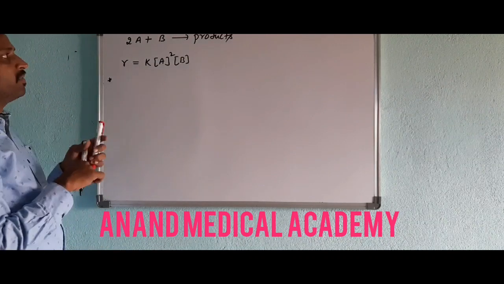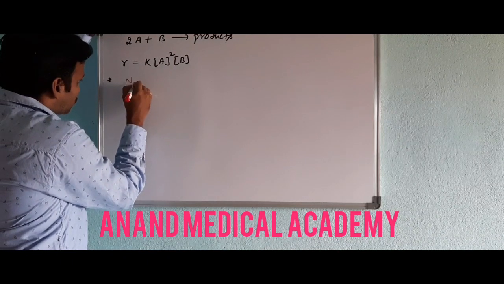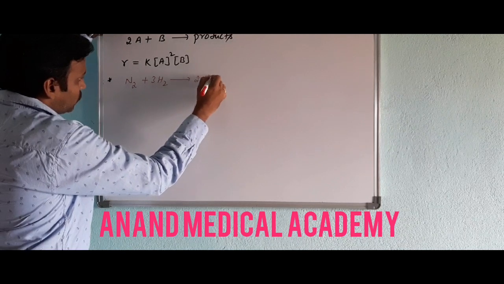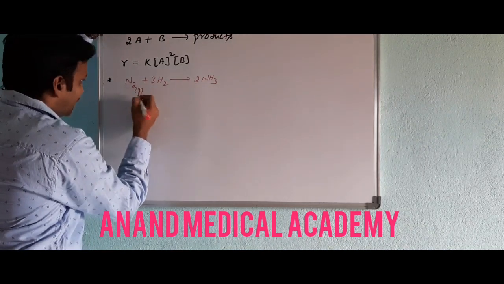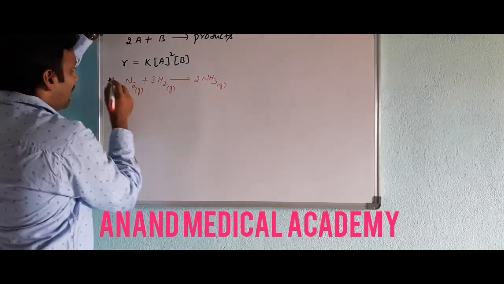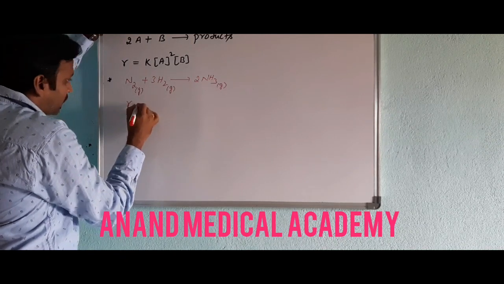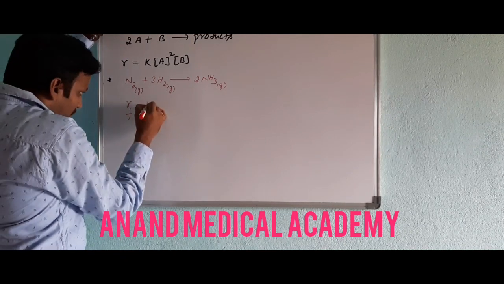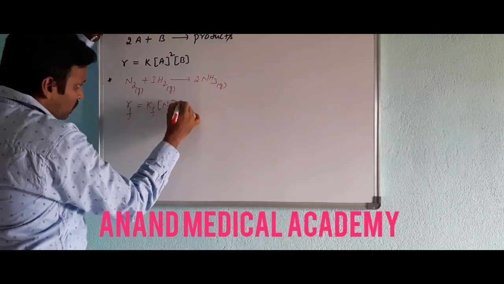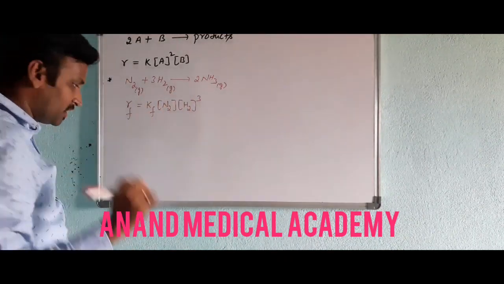More clearly, I will tell you one more. N2 plus 3H2 gives rise to 2NH3. N2 is a gas, H2 is a gas, ammonia is a gas. I am considering only the forward reaction. So the rate of forward reaction is equal to Kf into concentration of N2 into concentration of H2 power 3.